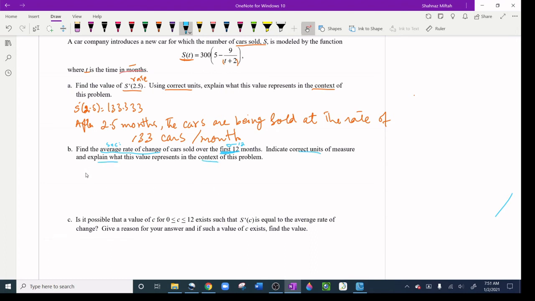So first we have to do the average rate of change, which means ordered pairs, like f of b minus f of a. The word average always goes with a secant.